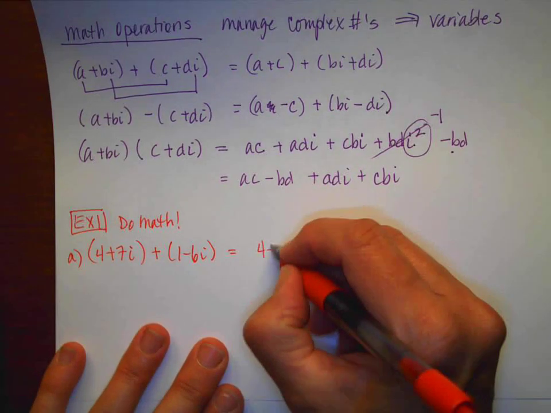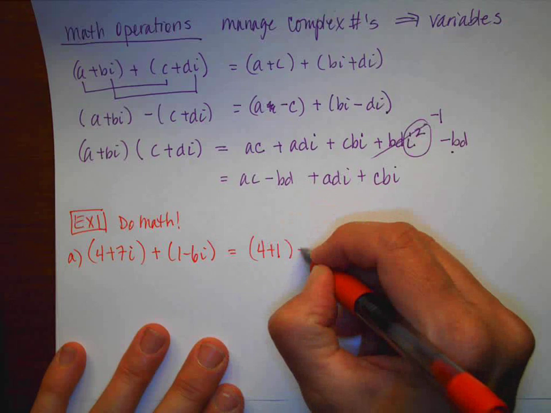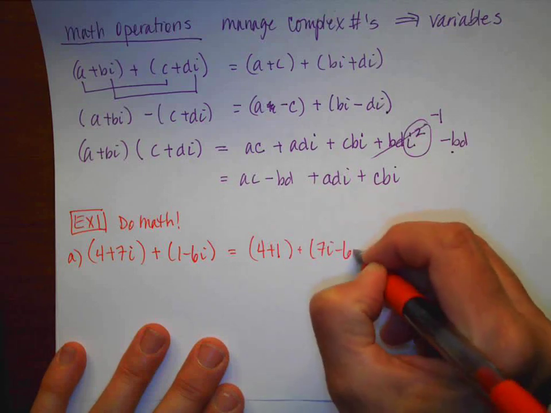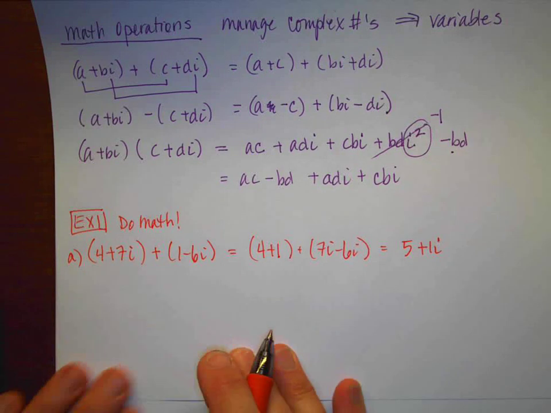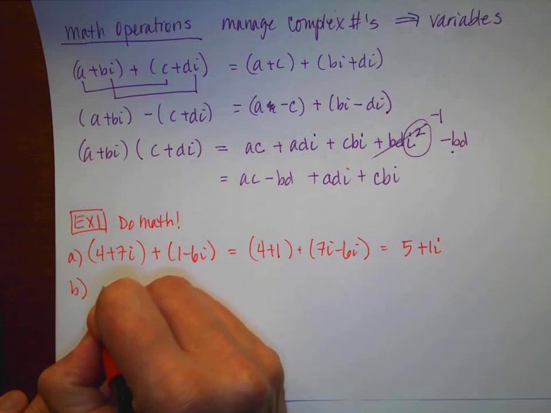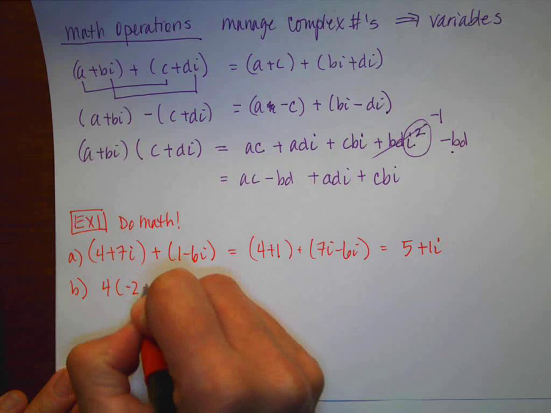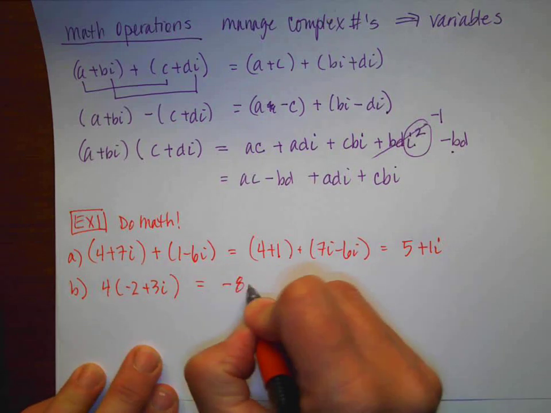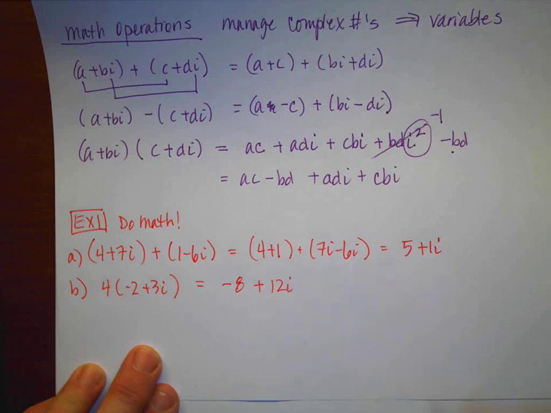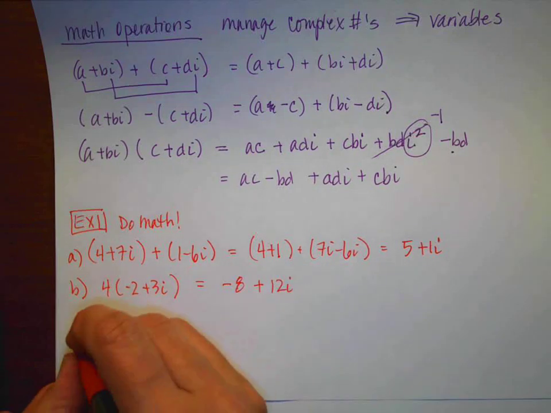So then this is going to be 4 + 1, and then I'm going to have 7i - 6i, so this is 5 + 1i. The b part is going to be 4 times -2 + 3i, and so this is going to be -8 + 12i. That one was easy.